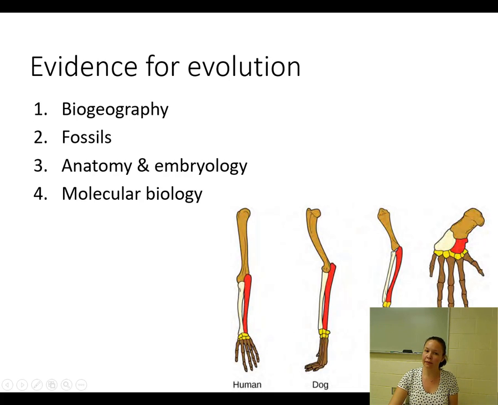And the fact that we have similar anatomy tells you that we must have evolved from a common ancestor, as well as embryology. So if you look at an embryo of a human, and if you compare it to the embryo of another organism, another mammal, or another animal, then they look quite similar. And so because of that similar nature, that tells you that there is common ancestry.